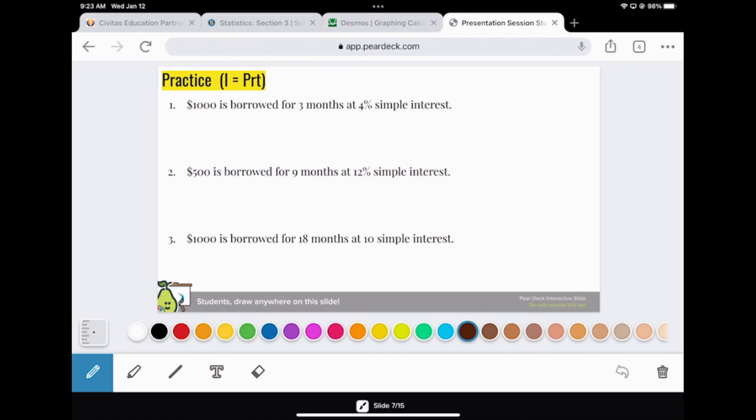So we're going to practice find the interest. We're not talking about the balance. We're just talking about find interest. We're going to recognize the letter. So here we're going to solve for I, right? For number 1, $1,000 is borrowed for 3 months and 4% simple interest. So we're going to start something simple.